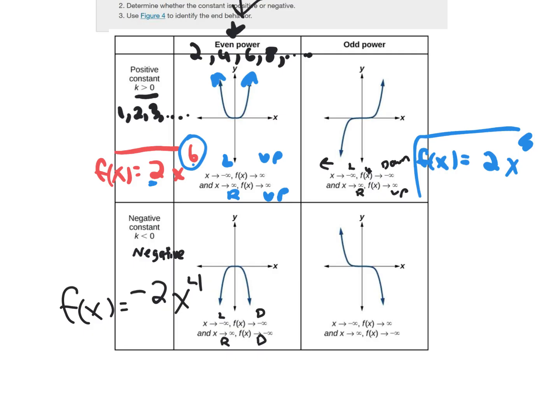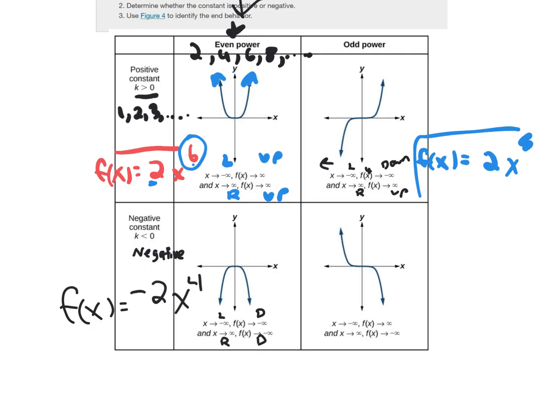What I noticed is that with a positive or negative coefficient in front, as long as the exponent was an even number, both sides do the same thing. They both go up or they both go down. So I'm expecting to see something different when the exponent is odd.